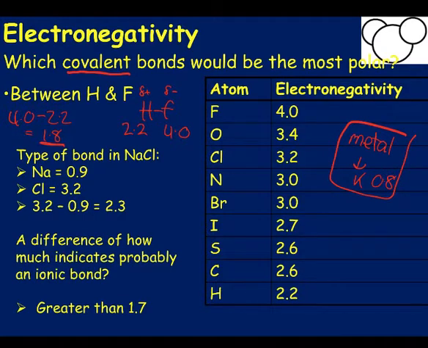There are some caveats, like HF, which is covalently bonded at 1.8. It doesn't always follow the rules, but as far as the SEC are concerned, for you, they will follow the rules. So if you are greater than 1.7, so 1.701, you will be an ionically bonded compound.